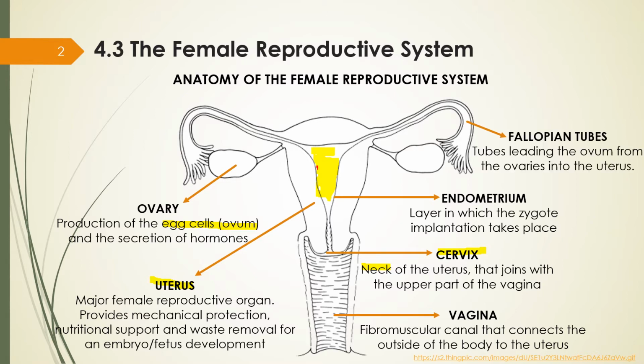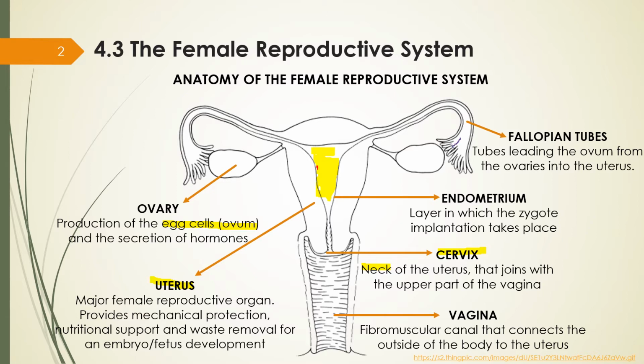And finally, the fallopian tubes are the tubes that lead the ovum from the ovaries into the uterus. So after the ovary liberates the ovum, this ovum needs to travel until it reaches the uterus.